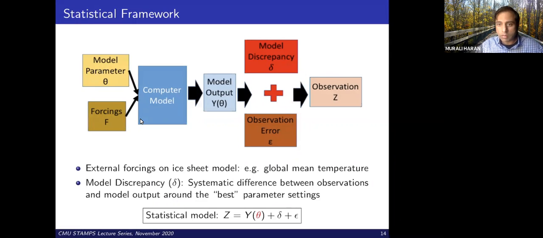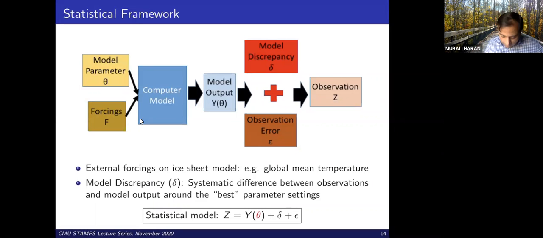So now, given this setup, if we can write down a model for all of this, then we can go back essentially to just basic statistical inference. If I have a model for Z, given all the information that I have from here, then basically I can back out theta based on what I've written down for my model and the observations I have.